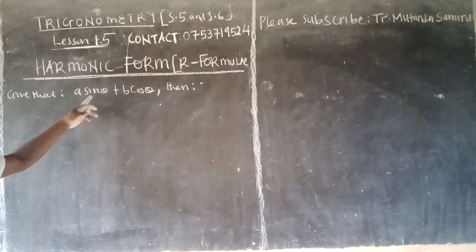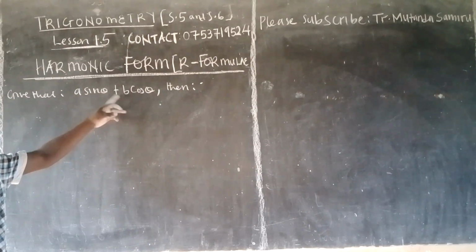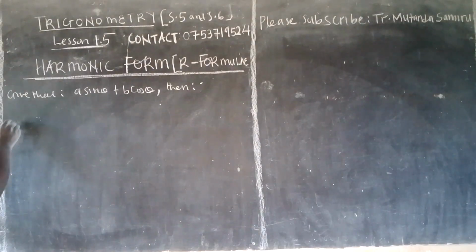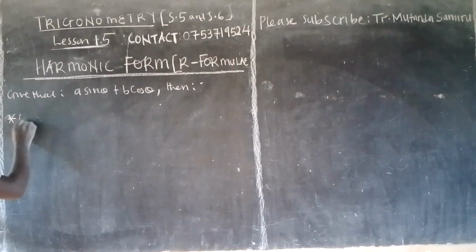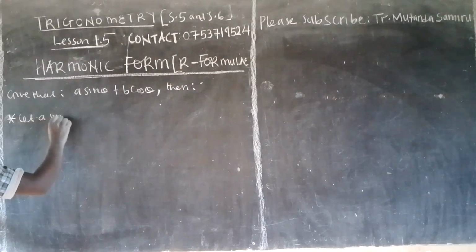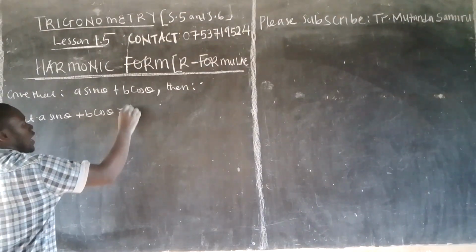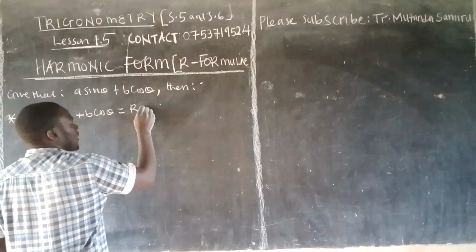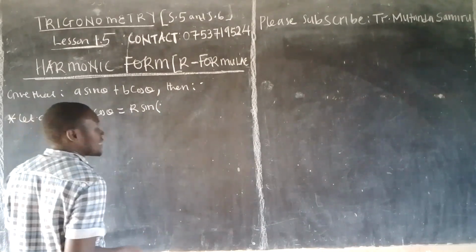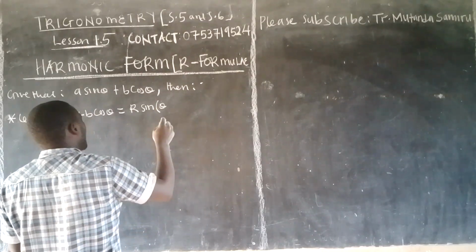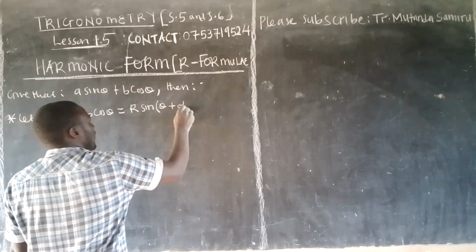What you mean is different trig functions, but with the same angles. The coefficients may be different. What you can do, what you call the other formula, in version 1, you can come and say: let A sine theta plus B cos theta equal to R sine theta plus alpha.